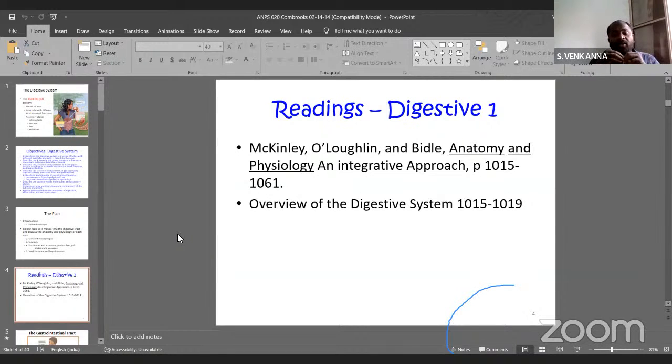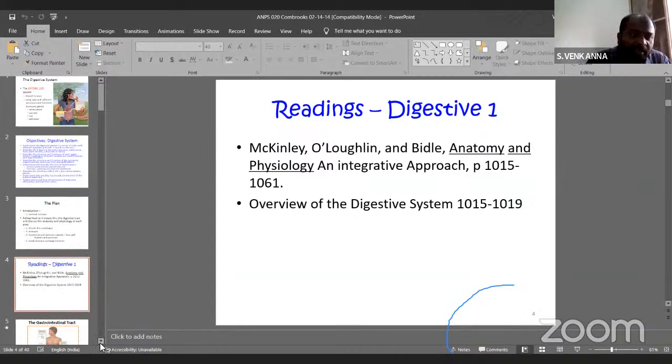How many types of essential amino acids? Amino acids have two classifications: essential amino acids and non-essential amino acids. The digestive system helps with these particular areas, which are very important.